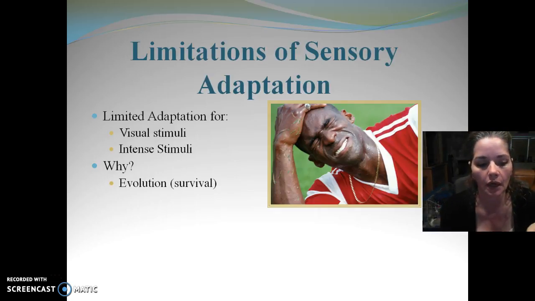And so novel or changing stimuli, we don't really adapt to, because we need to recognize if there's a threat looming. And very intense stimuli like bright light, we don't really adapt to, again, because it might be indicative of a potential threat that jeopardizes our survival potential.